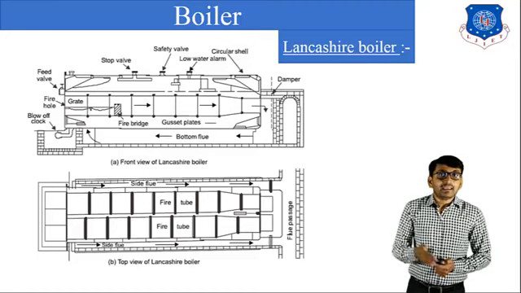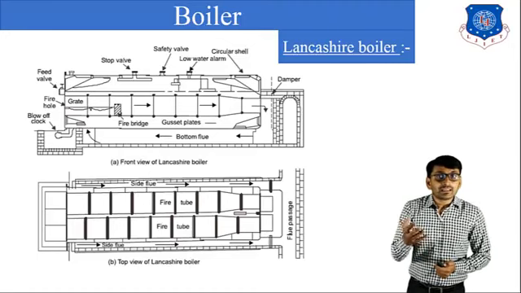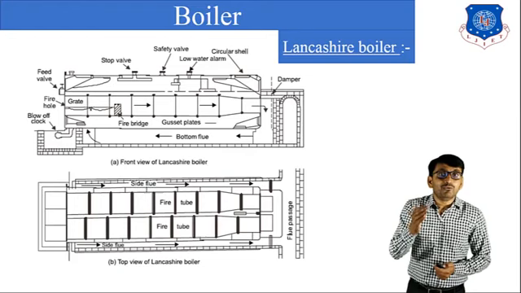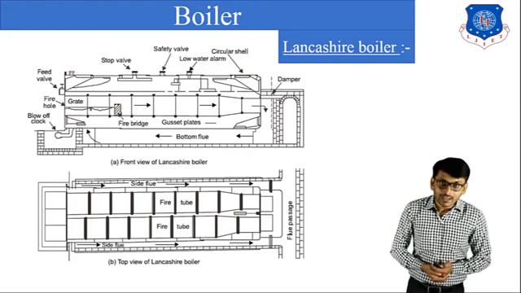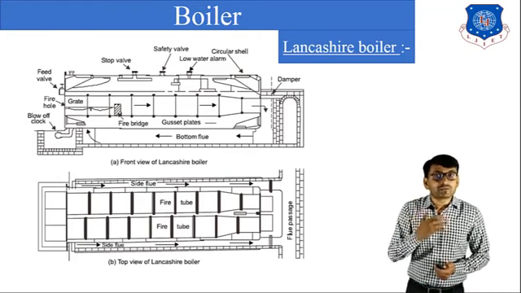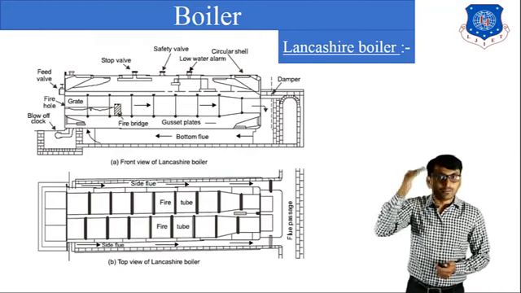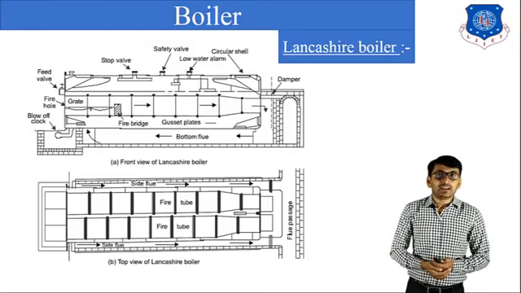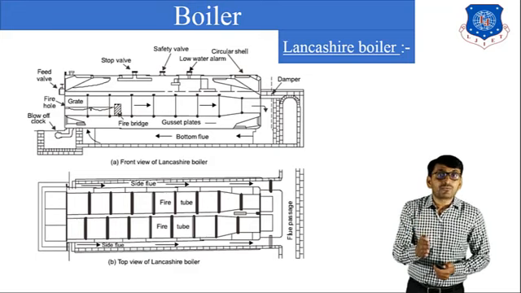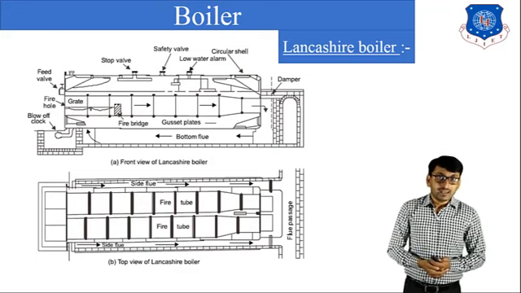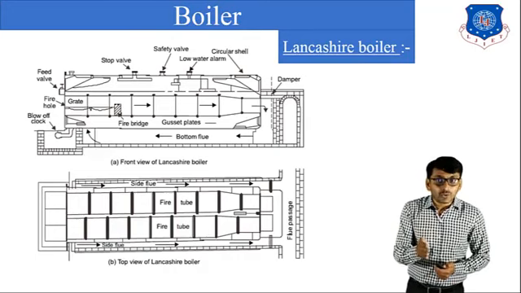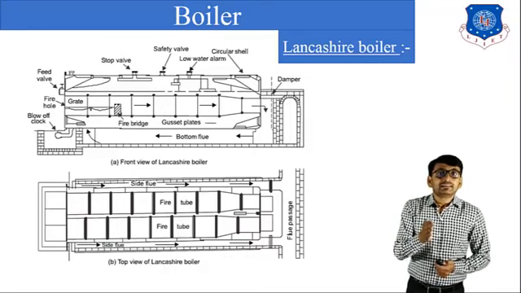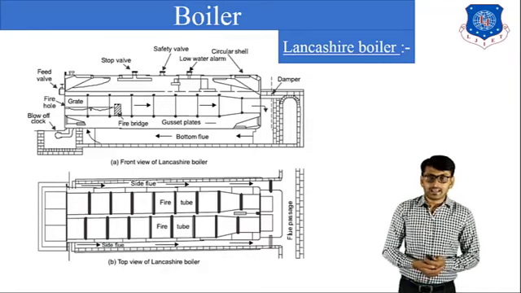If steam produced is greater than the limit, then the safety valve automatically opens and the extra amount of steam is released into the atmosphere, then the safety valve automatically closes. So the safety valve protects the boiler from blast. Then the steam stop valve. What is the function of the steam stop valve? It controls the amount of steam supplied to the particular application.